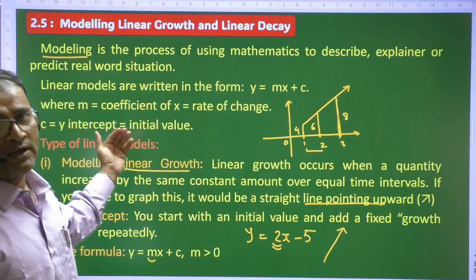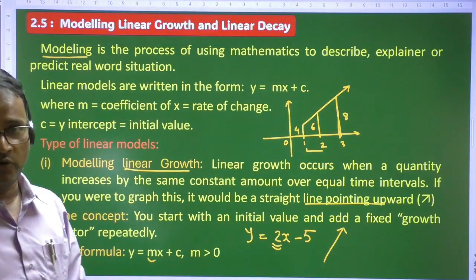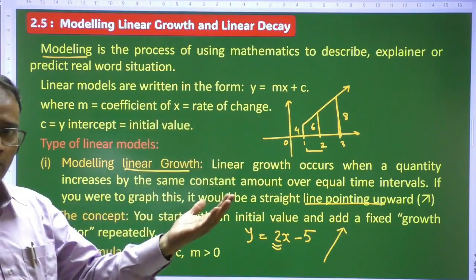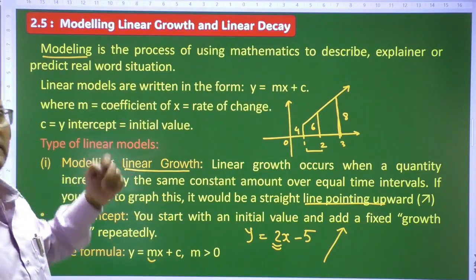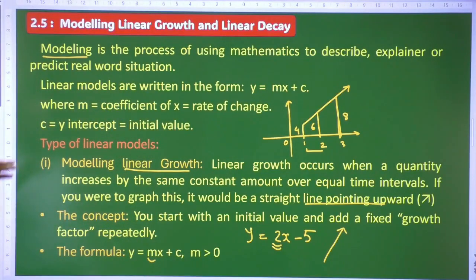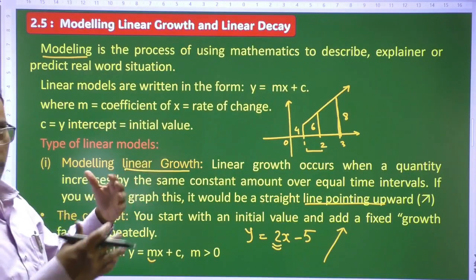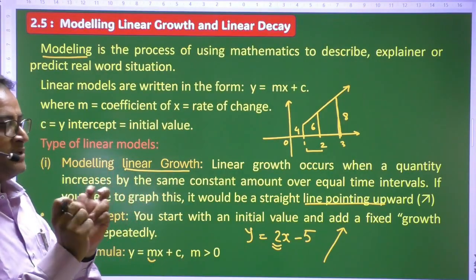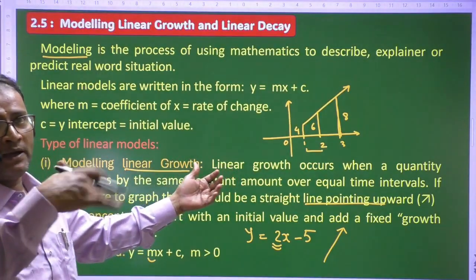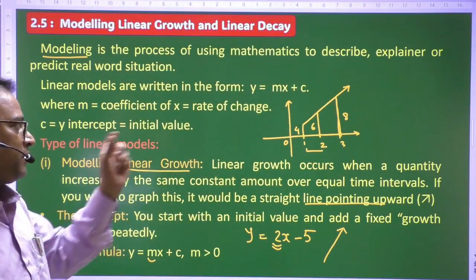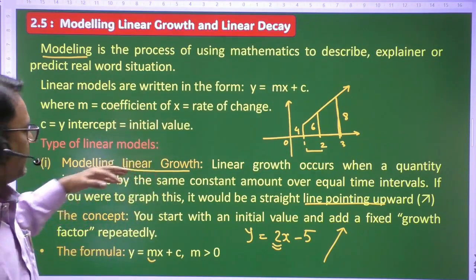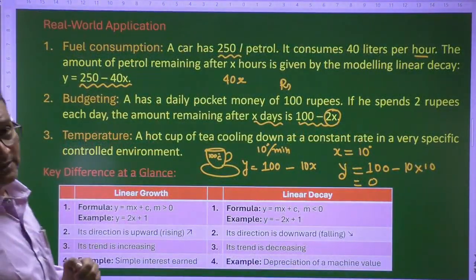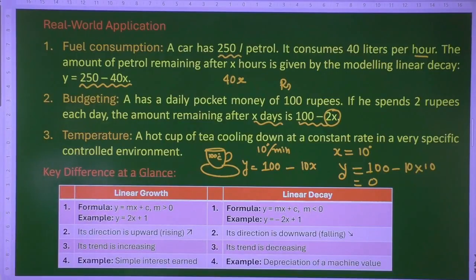Then we came to know the types of linear model, one is linear growth, another is linear decay. In case of linear growth, the value increases by the same amount over equal time intervals, and in decay the value decreases by the same amount over the time interval.